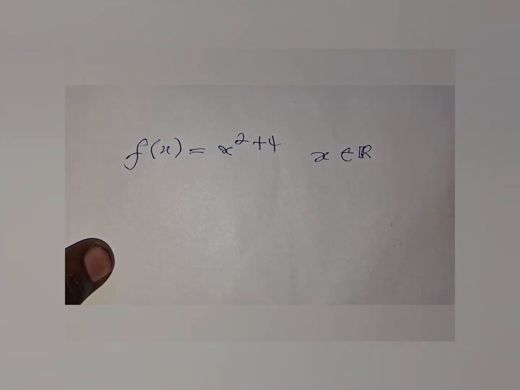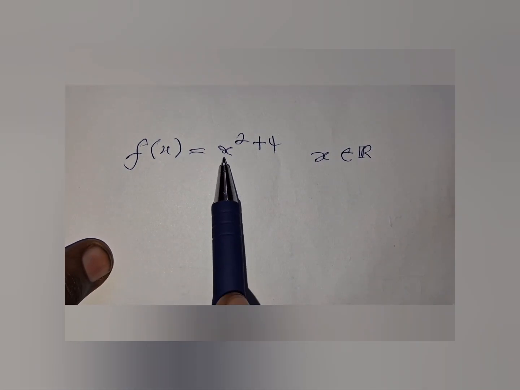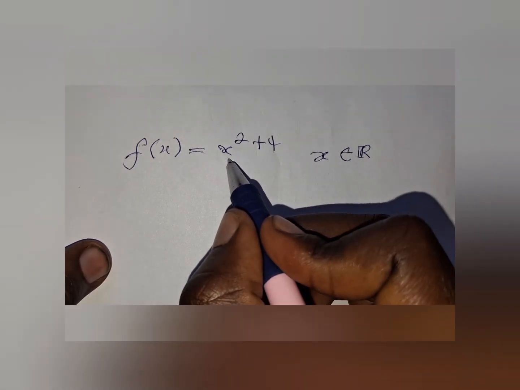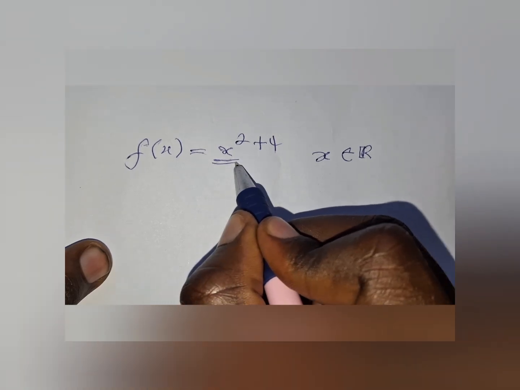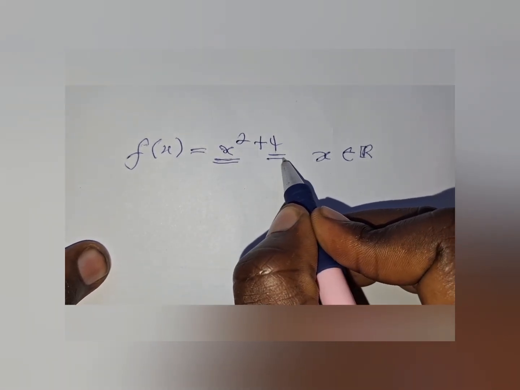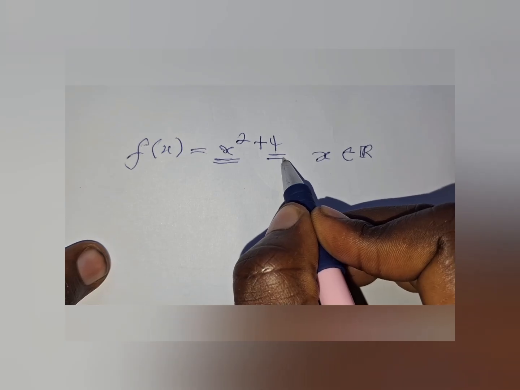Now here, I want you to think about this. What constitutes our function? Our function consists of an unknown part, which is x squared, and 4 added to the unknown part.